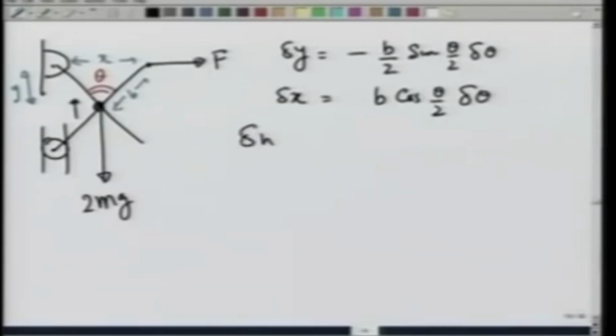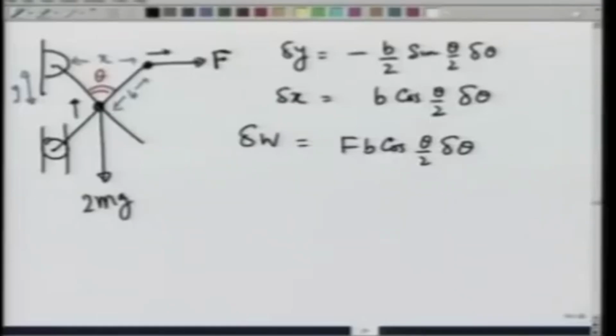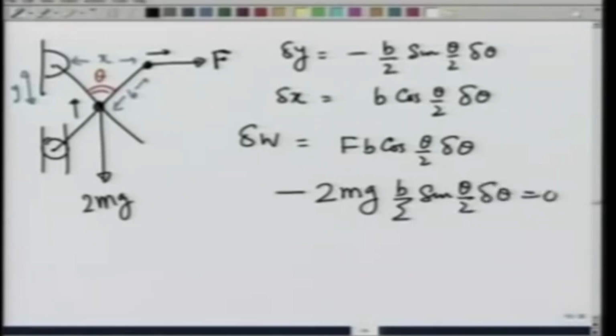So, delta W is going to be equal to the virtual work done by force F. Since x has increased by b cosine theta by 2 delta theta, work done by F is going to be F b cosine of theta by 2 delta theta, positive because the point here has moved in the same direction as the force, and the work done by the force mg or the weight is going to be minus 2mg b over 2 sine of theta by 2 delta theta, and this should be 0.